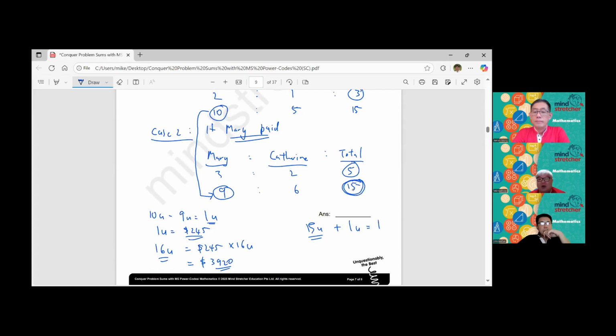So total money they have at first will be 16 units. That means before they pay for the bag, they should have 16 units. But after they pay for the bag, they will be only left with 15 units. Since the question is asking for how much they have altogether, we just find how much they have altogether before they pay for the bag. So that's why we have 16 units.